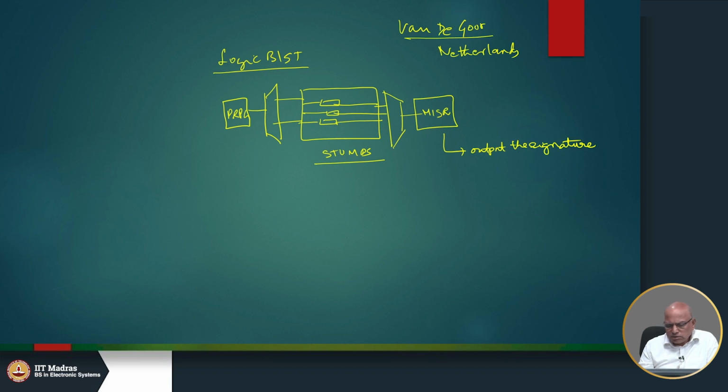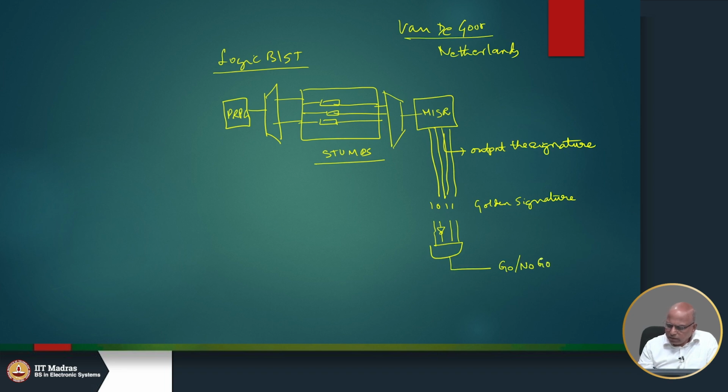It could also be such that, suppose we know that the golden signature happens to be 1011. This is the golden signature. So, I can build a small gate like this, and this can be our go or no go.